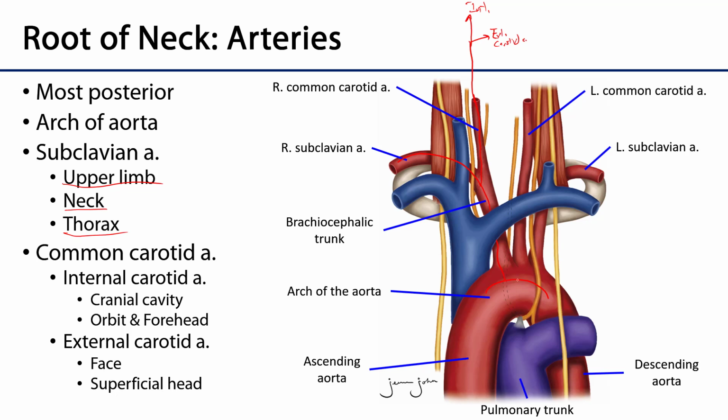On the left side, the left common carotid artery arises directly from the arch of the aorta, and the left subclavian artery does as well, typically, I should say. Any of the branches of these right-sided vessels are typically also present on the left side, so the largest bit of asymmetry here with the arteries has to do with their branching pattern from the arch of the aorta here.